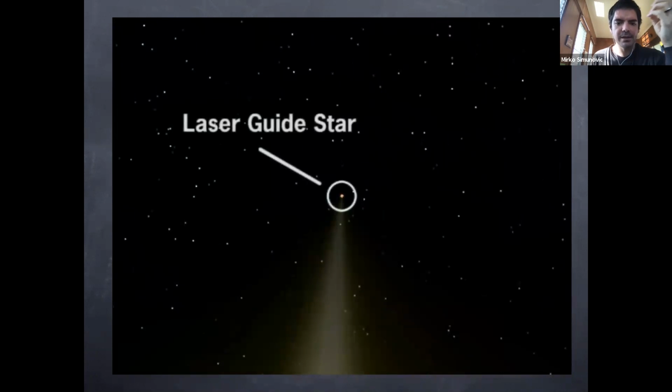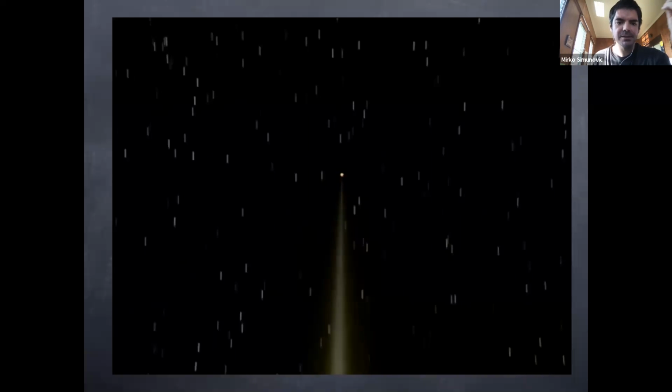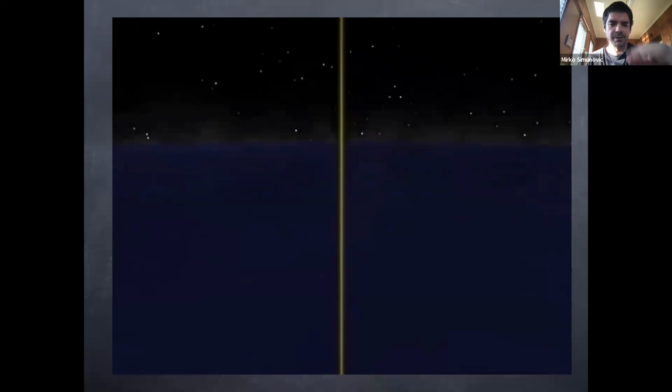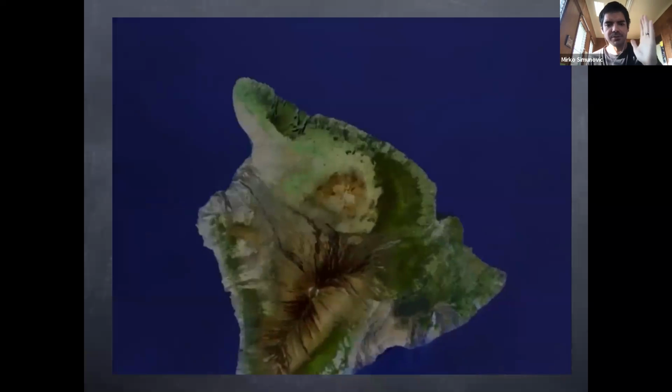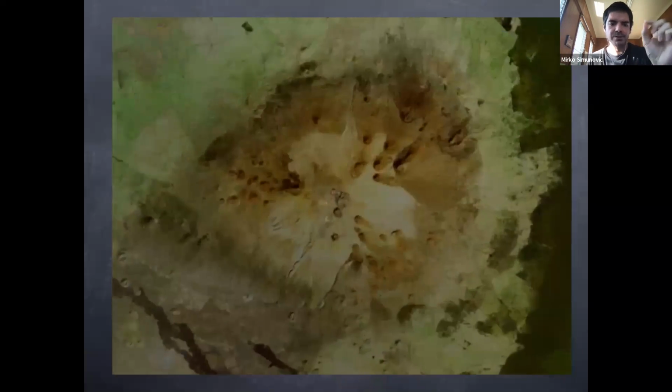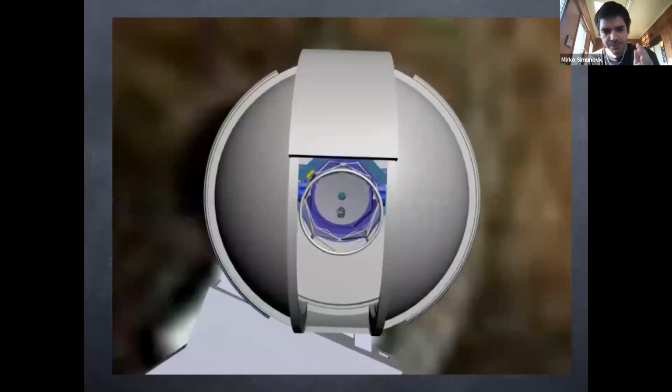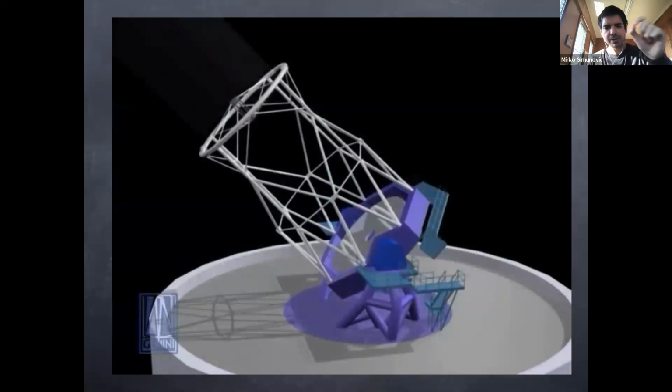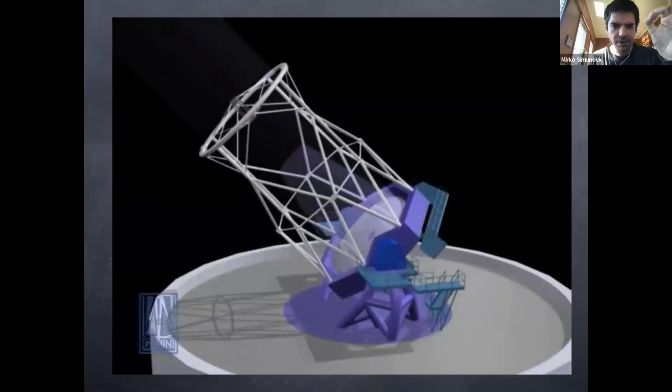And so we can essentially create a fake star, an artificial star in the sky, at any point, anywhere that we want. You just have to point the telescope to the location that you want to observe, and you shoot the laser, and you can create this artificial star. Again, it's completely artificial.